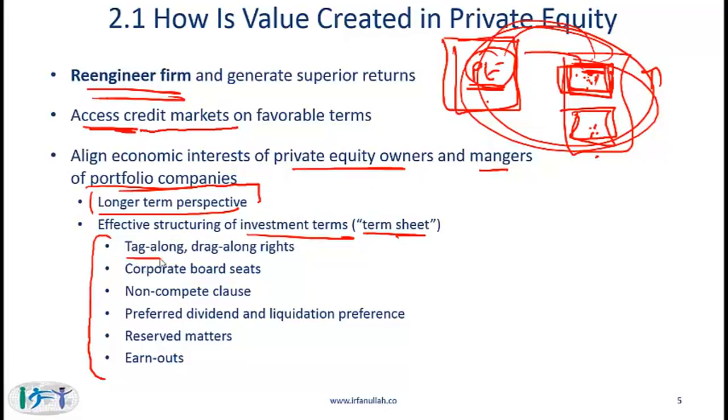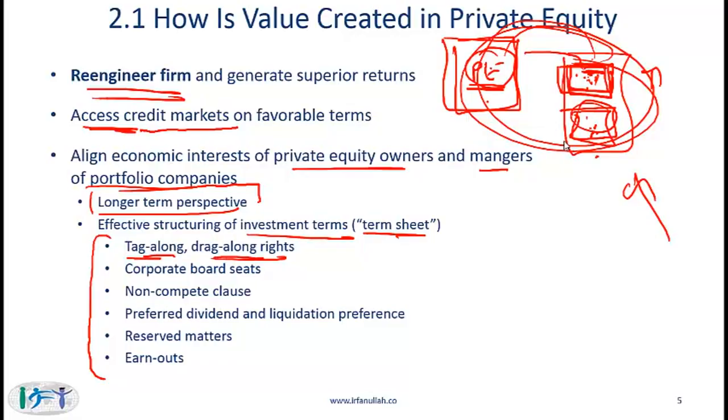So there is something called a tag along, drag along right. This means that, let's say that a private equity firm has invested in these portfolio companies. If there is another company that wants to acquire a target company, then this says that the acquirer must make an offer to all the stakeholders.